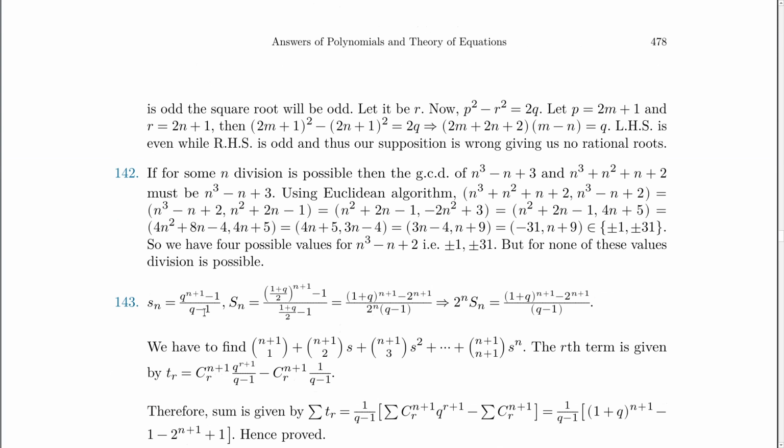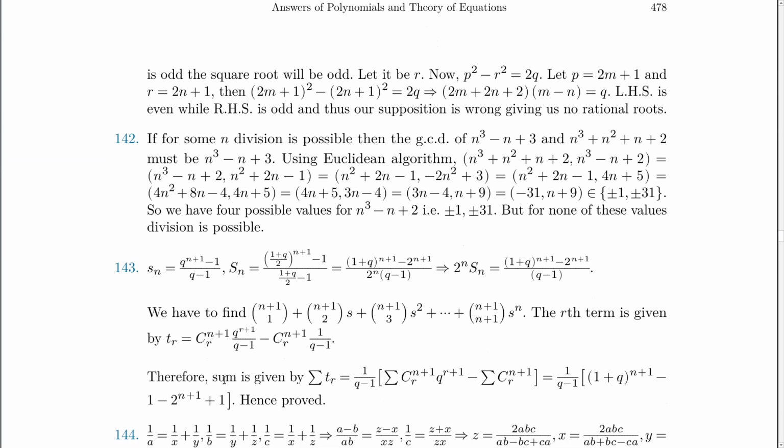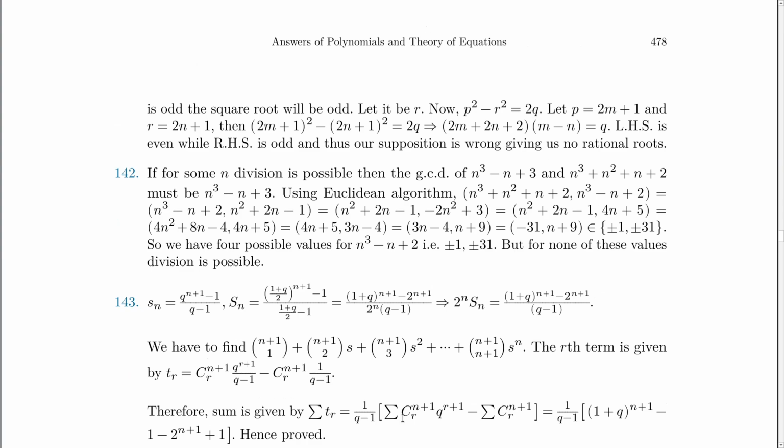So we simply substitute this in T_r. We find the sum of these two, and we find the sum to be 1/(q-1) [(1+q)^(n+1) minus 1 minus 2^(n+1) plus 1], and the 1 will get cancelled, and we will have this as the value.